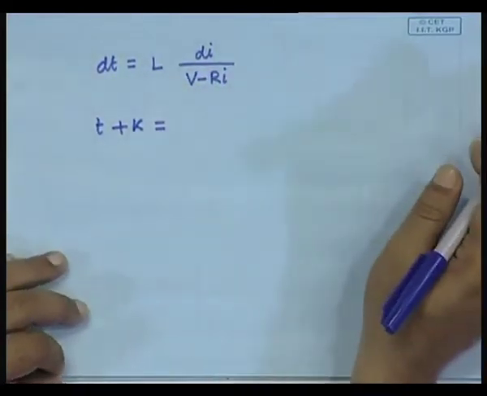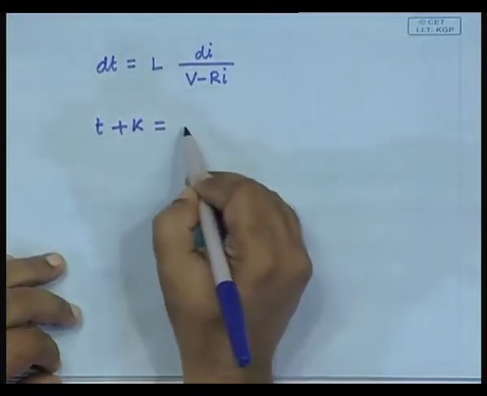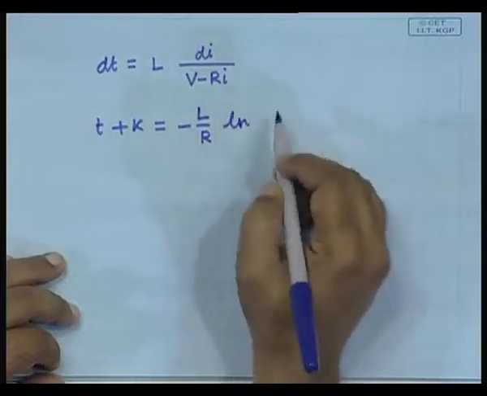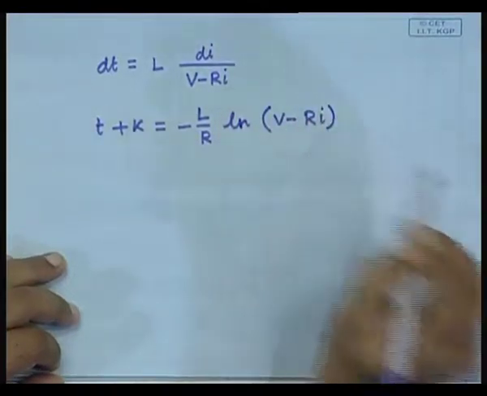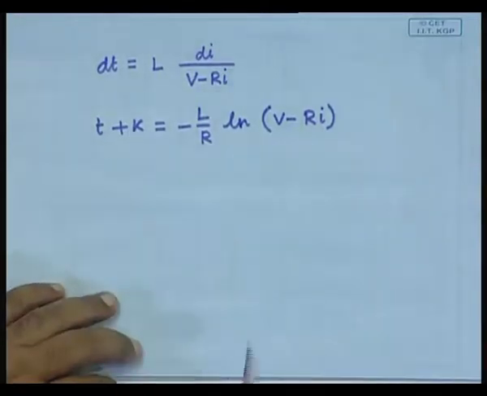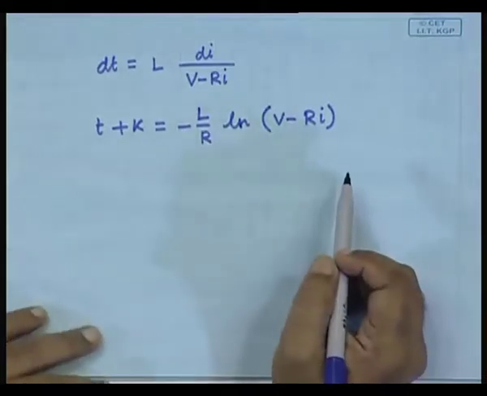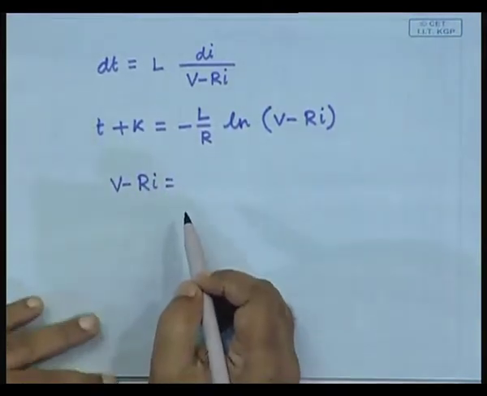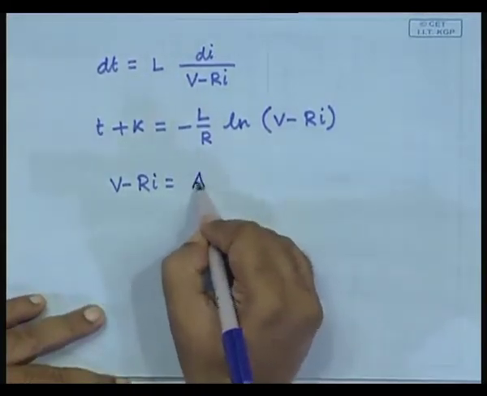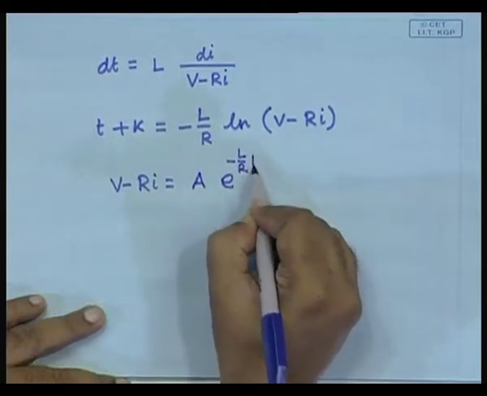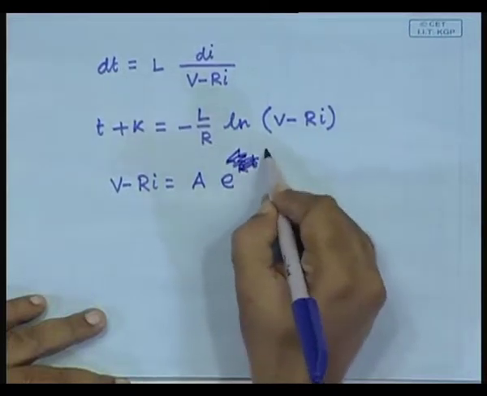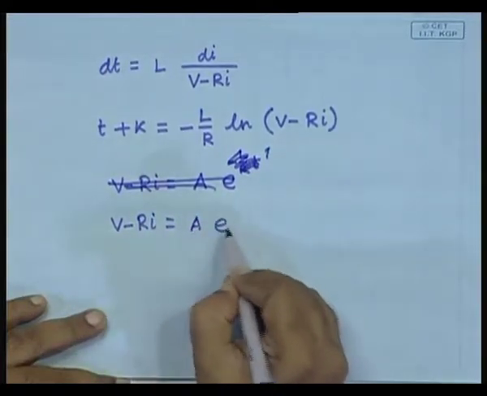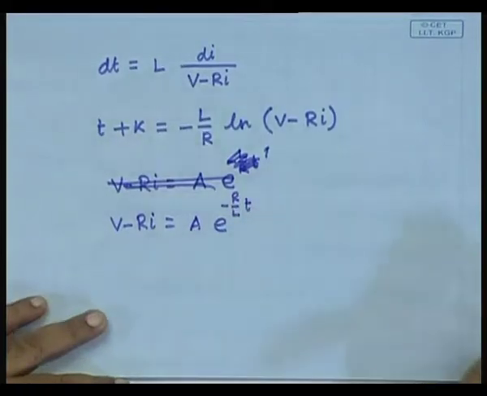This will be the integral of this, which gives ln of V minus R I. Now you have to obtain the solution, or we can write this on the other side, V minus R I is equal to some constant times exponential minus R by L t, sorry, I will write once again, V minus R I is equal to some a e to the power minus R by L t.